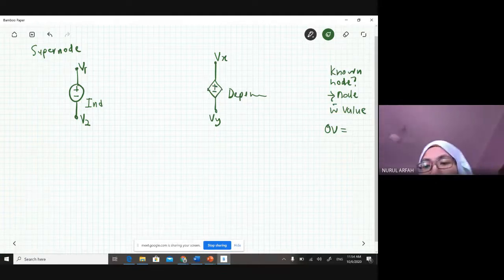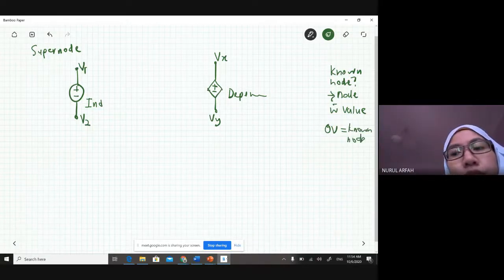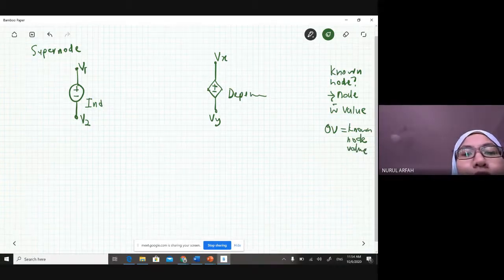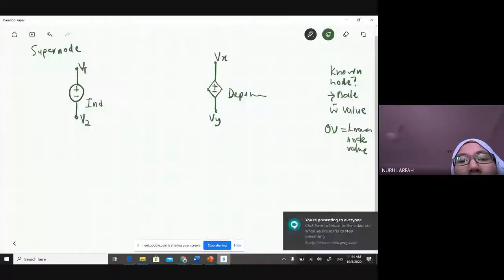Yes, it's a known node. So if you have a voltage source, whether independent or dependent, connected to two unknown nodes like this, then you say that there is a supernode.